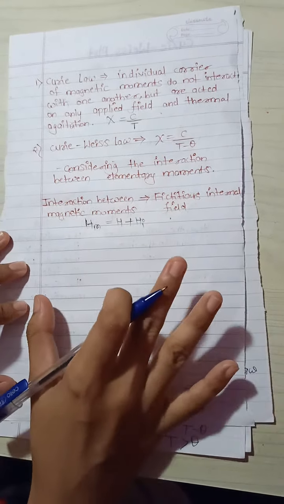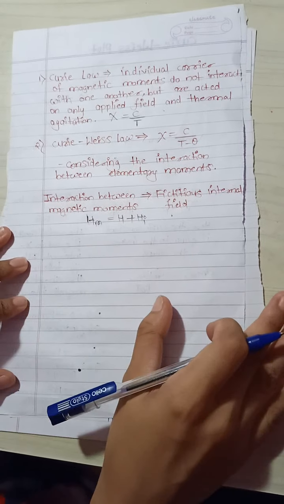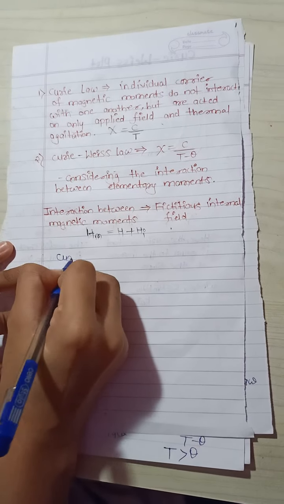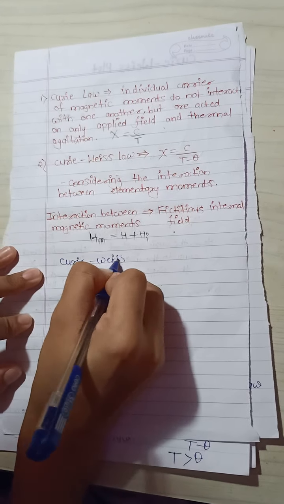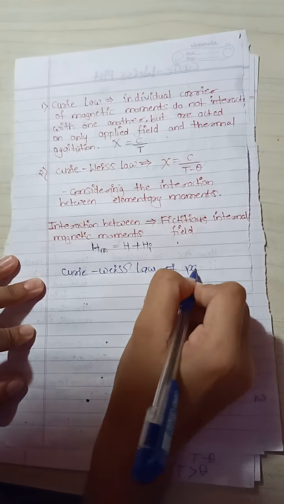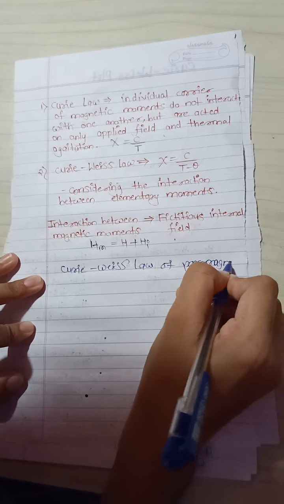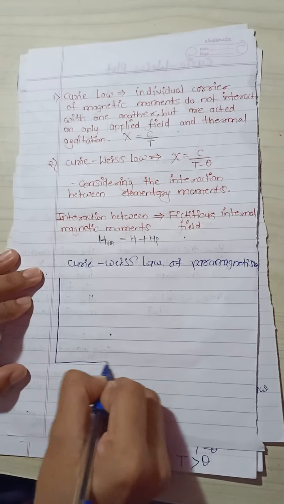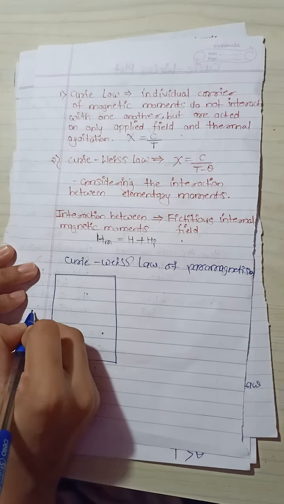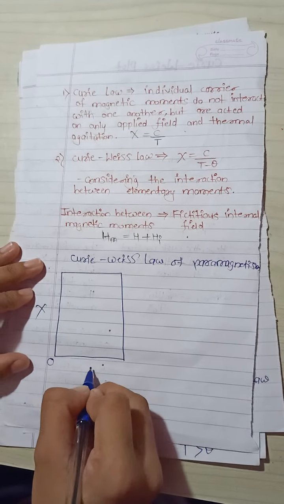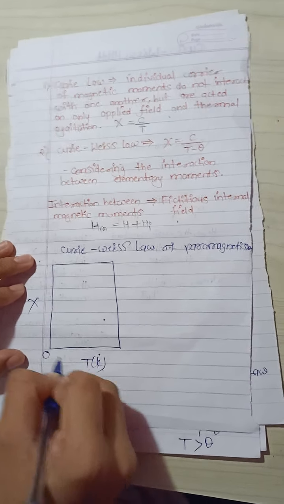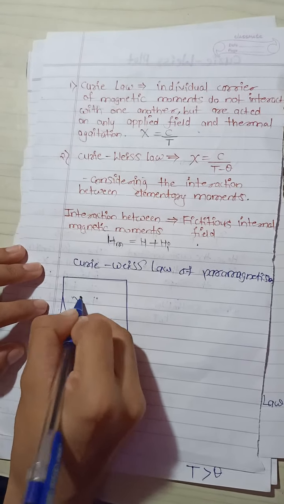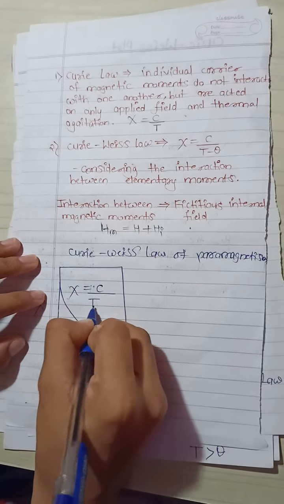Then we will see these two relationships, that is paramagnetism and ferromagnetism. Then the Curie-Weiss law for paramagnetism. This is the Curie-Weiss law of paramagnetism. The two graphs: suppose susceptibility psi, with origin 0, versus temperature T, then we get the curve like this, which decreases, meaning susceptibility psi is equal to C upon T minus theta.